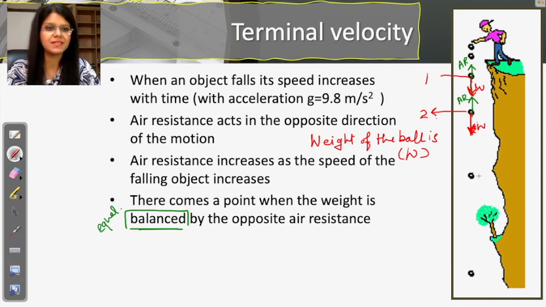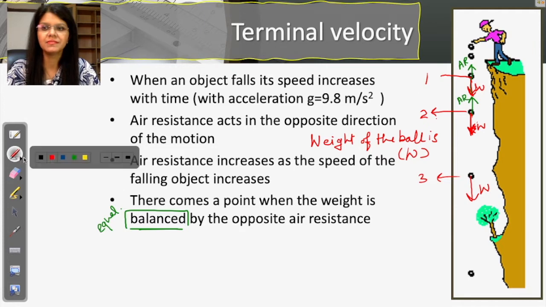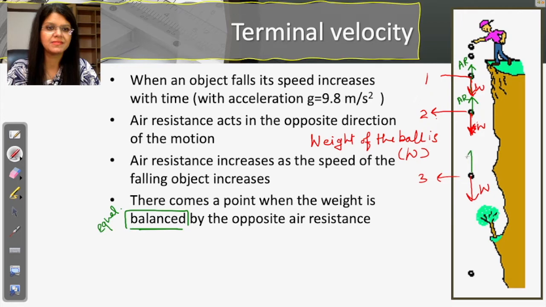Say that this is the third point when this happens. So what happens at this place? The weight becomes equal to the air resistance. What do you note here? Pay attention. The weight arrow here is precisely the same length as the air resistance.